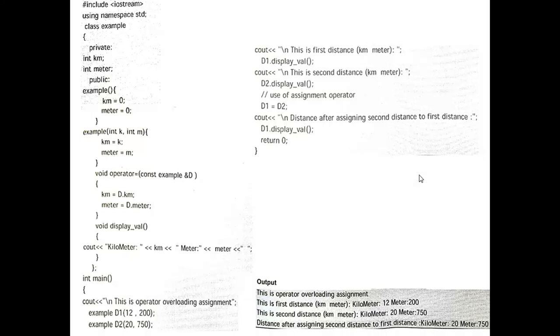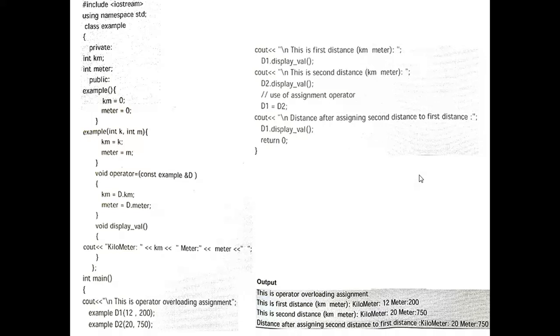Now we are putting the value of d2 into d1 by writing a line in the main function, that is d1 is equal to d2. Now the value of d2 will be transferred into d1. Therefore the kilometer will be 20 and meter will be 750. This will be displayed in the next line, that is cout distance after assigning second distance to first distance, and we'll call the display function using the d1 object.